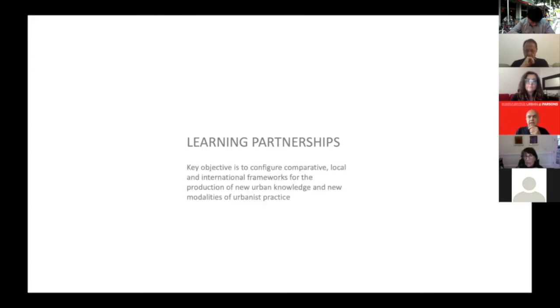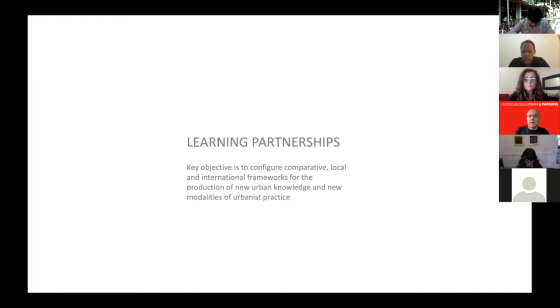And the key objective of learning partnership is simply to develop local, international frameworks for the production of new urban knowledge and the new modalities of urban practice. That's pretty much the bottom line of this. So the production of new urban knowledge and figuring out how we act as urbanists in the world today, particularly, of course, now under the current situation of the global pandemic.